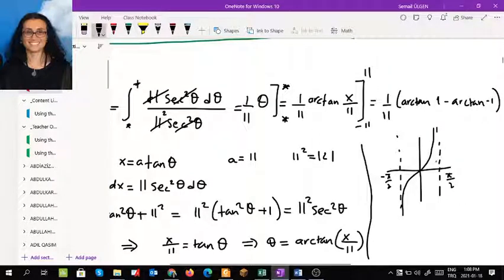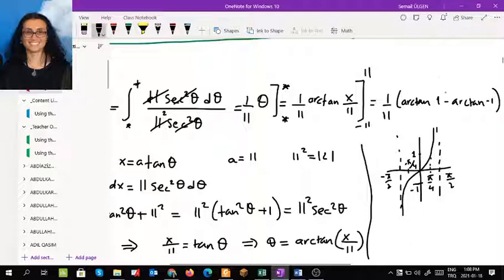Tangent theta is equal to 1 when theta is pi over 4, right? This is pi over 4. It's going to be negative 1 when it's negative pi over 4. This is negative 1, this point.